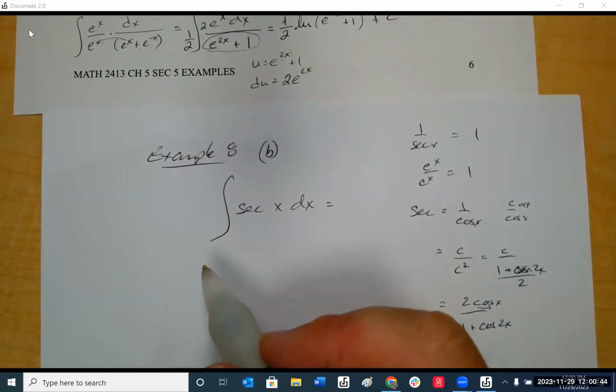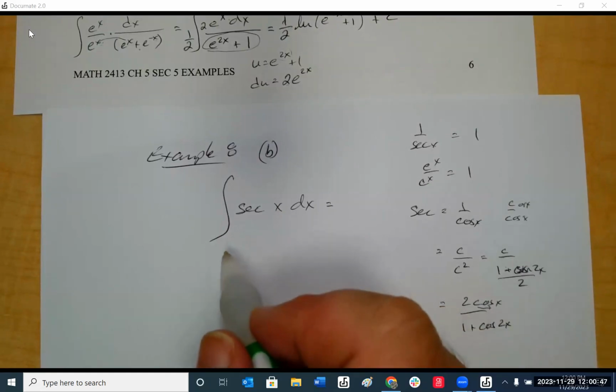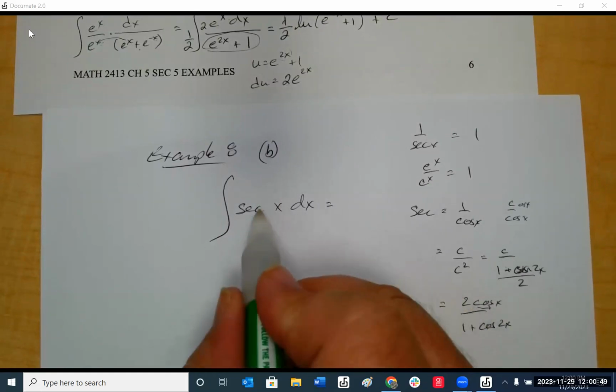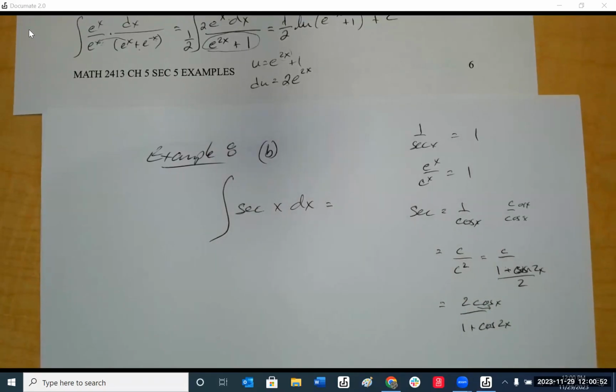When we take a derivative, what would give us secant as the derivative? Is there a trig function that gives us secant as a derivative? Look at your sheet. So look at the derivative section. It says the derivative of this equals secant.